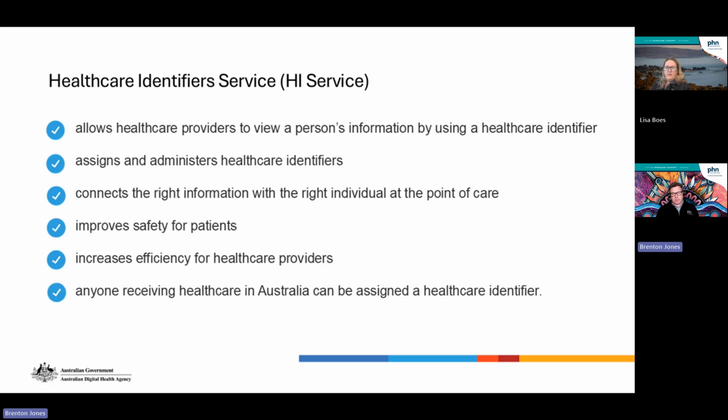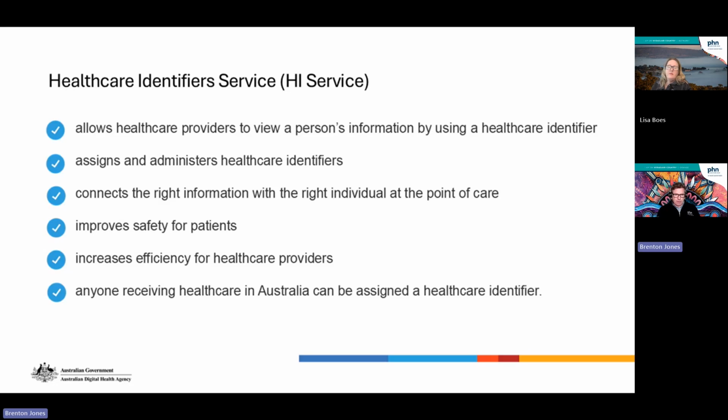So look, the best way I can explain it, and this is why when you register a seed organisation with HPOS, and in return you get a HPIO number, that number is unique to you and can't be owned by anyone else, and it identifies you digitally across the system. So it allows healthcare providers to view a person's information, right, by using a healthcare identifier.